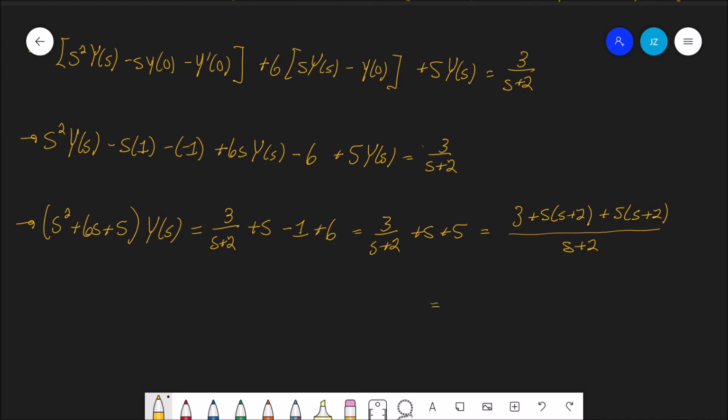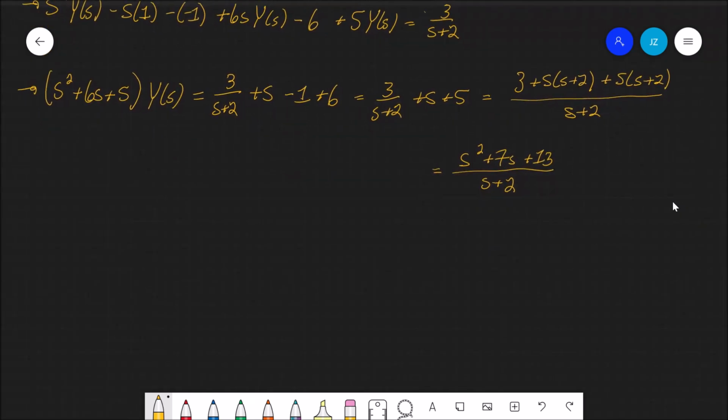Alright, so simplifying, we'll have s squared, 2 times s, 5 times s, so plus 7s, 10 and 3 plus 13, all over s plus 2. Now we can go ahead and solve for y of s.